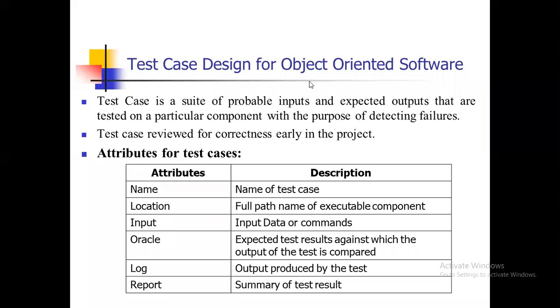Then the logs, that is the output produced by the test as per the test case. Then the report, which is a summary of the test results. These are the attributes of test cases: name, location, input, oracle, log, and report.